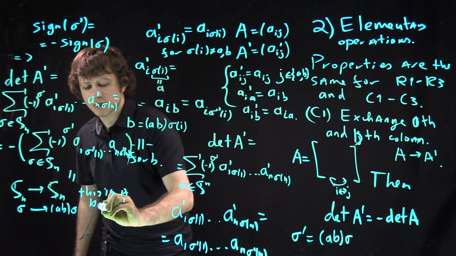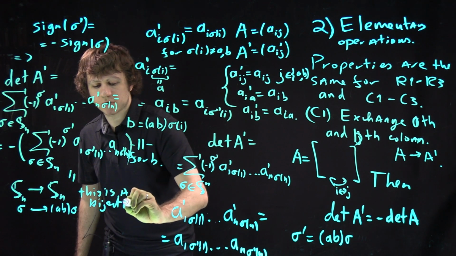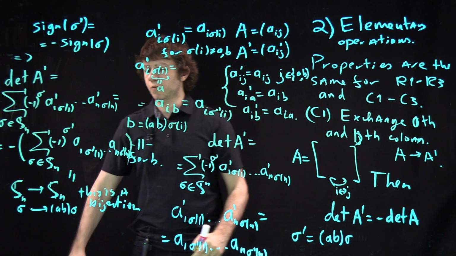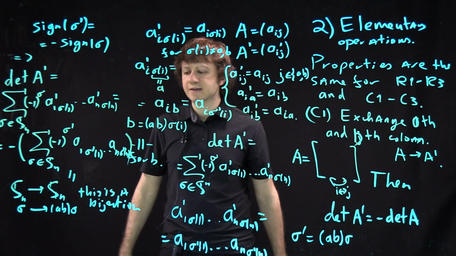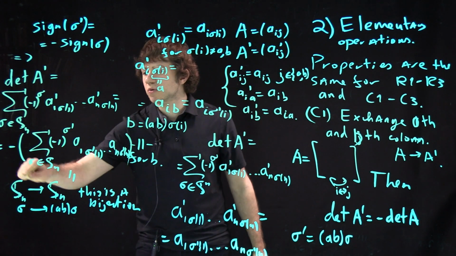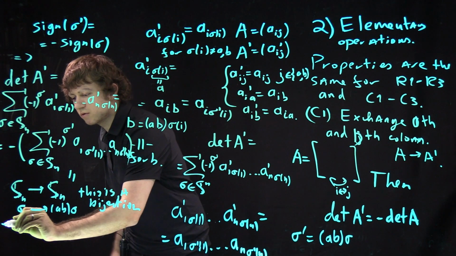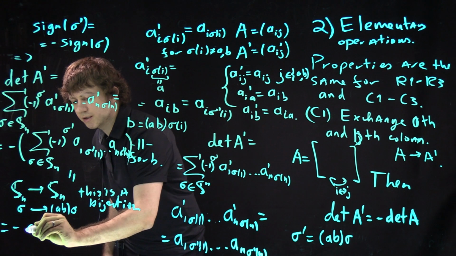The proof is just because you can, for instance, multiply backwards on the same transposition. When you do this transformation twice, you get identity map, so it's a bijection. And so the summation doesn't change, you just relabeled permutations. And so this equals to minus determinant of A.